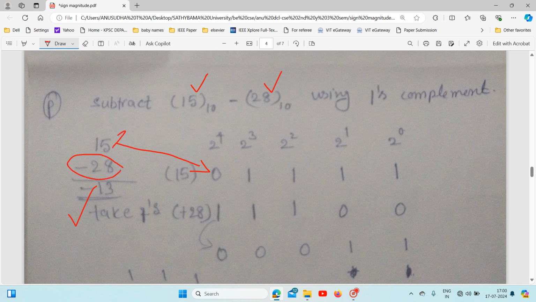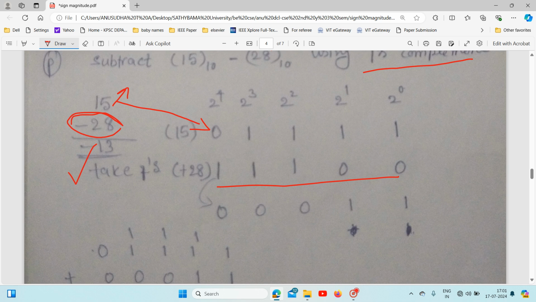Now I have to use ones complement to convert the signed number. First you have to represent 28 as a positive number, then convert it into a negative number using ones complement.